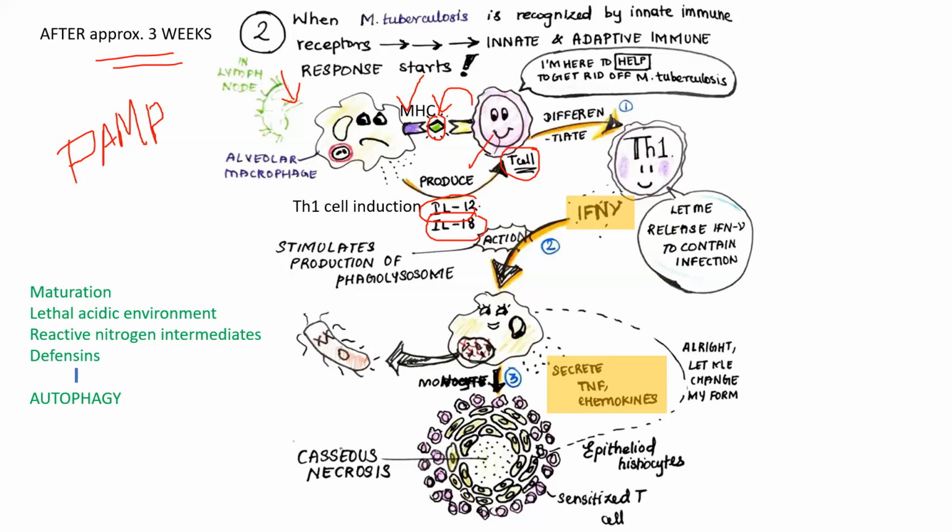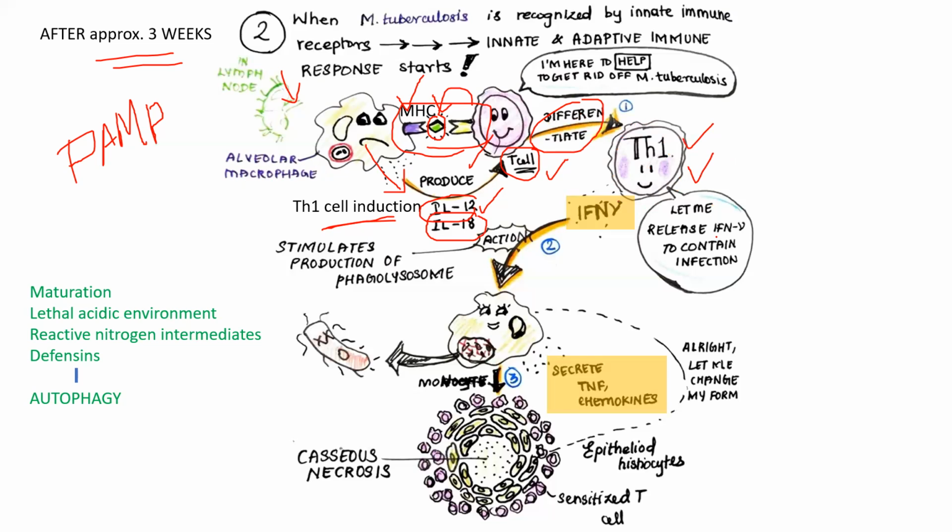Now, interleukin 12 results in Th1 cell induction, meaning after this whole recognition process happening here, the interleukin 12 produced by the alveolar macrophage results in the differentiation of this T cell right here to a Th1 cell. Now, this Th1 cell is very specific to bring about the processes of cell-mediated immunity. Now, this is over. You know how the Th1 cell comes about.